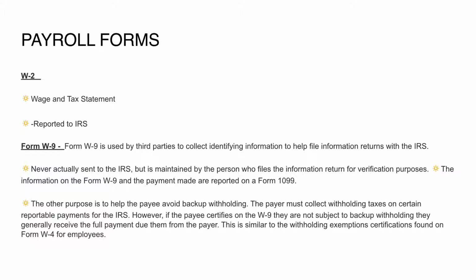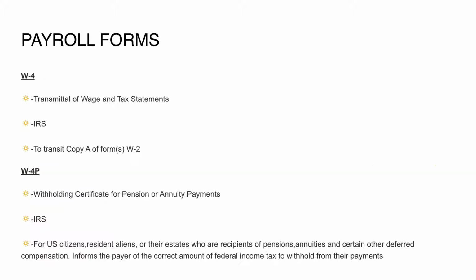It is never actually sent to the IRS but is maintained by a person, that is the HR personnel, who files the information return for verification purposes. Form W-3. Form W-3 is the transmittal of wage and tax statements reported to the IRS to transmit copy A of the forms W-2.